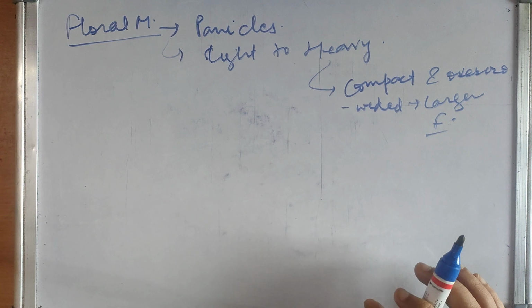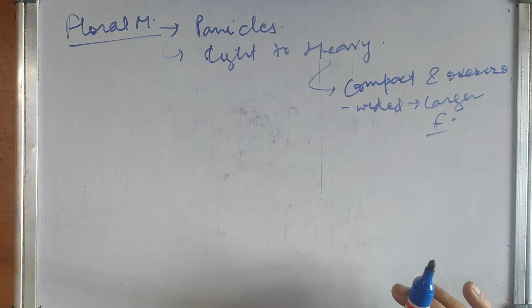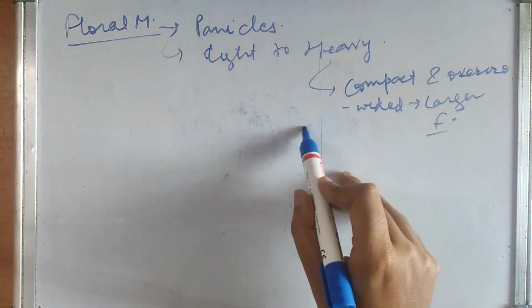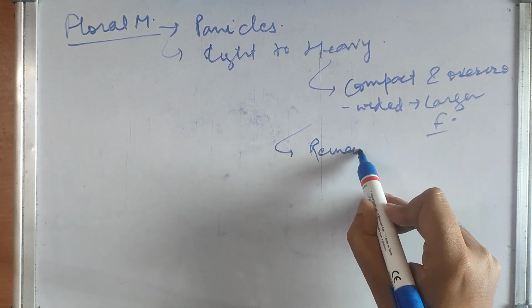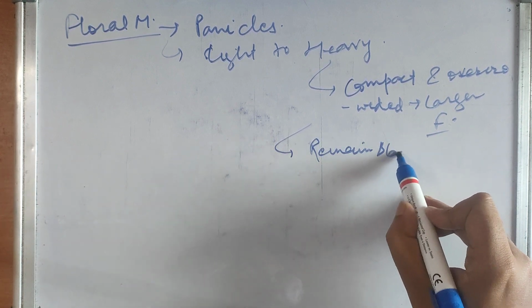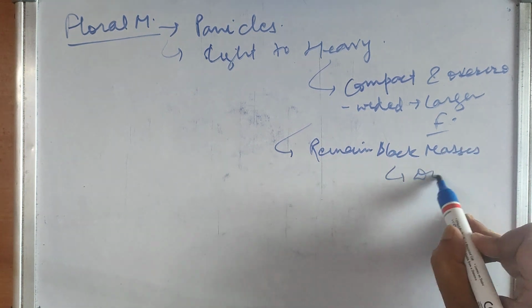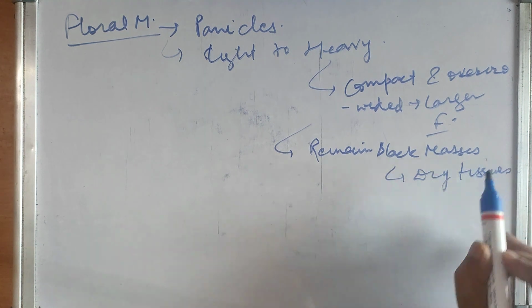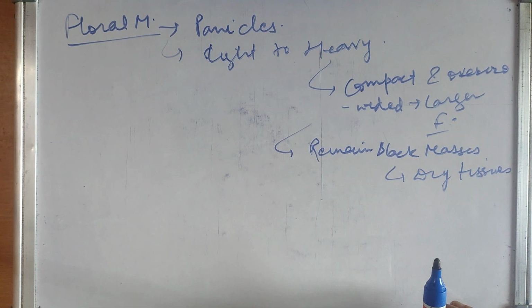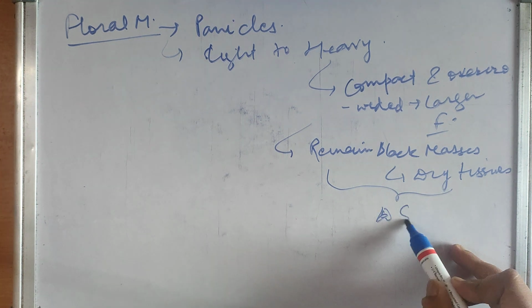They continue to grow and remain as black masses of dry tissues. They appear as black masses of dry tissues especially during summer due to dryness.